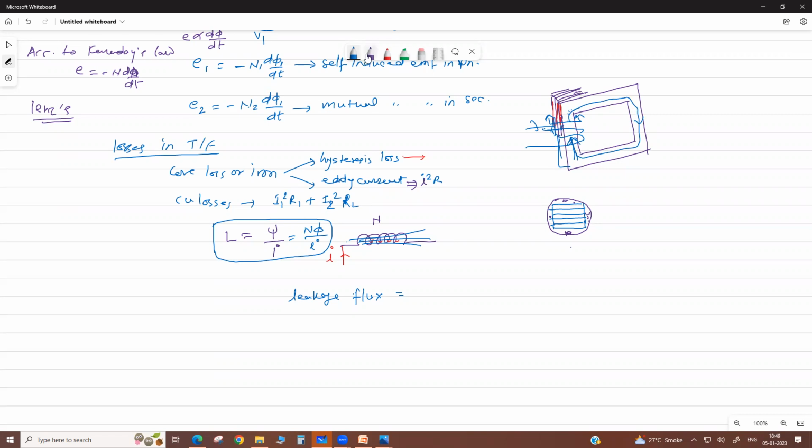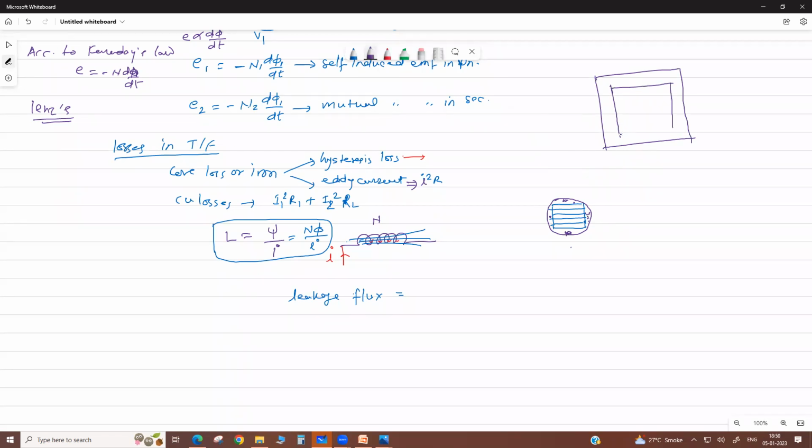But there is some effect that is called the fringing effect. That is, some flux is like this, here also some flux is like this. I will explain. So this is your transformer core, and this is the primary winding.